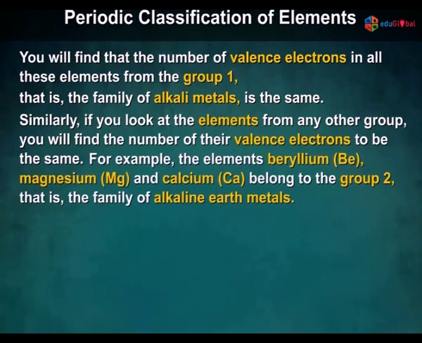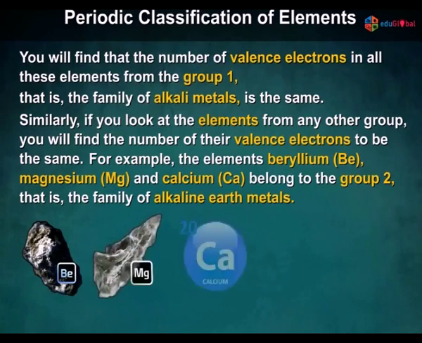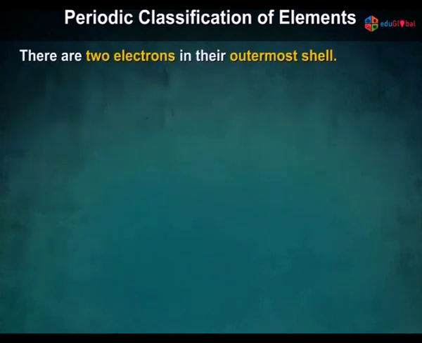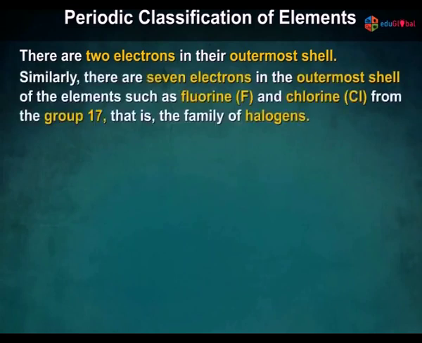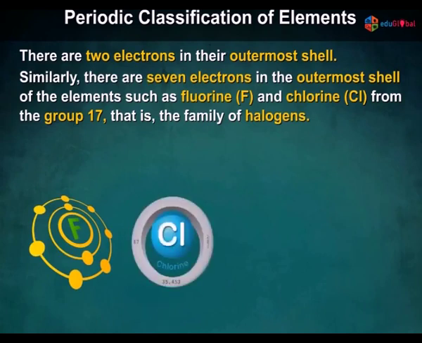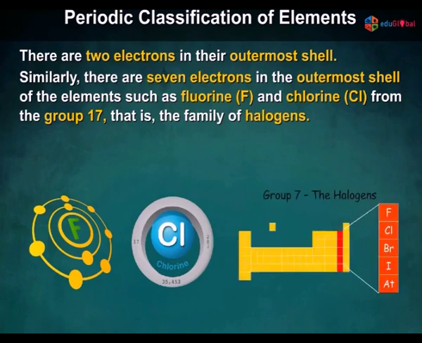For example, the elements beryllium Be, magnesium Mg and calcium Ca belong to group 2, that is, the family of alkaline earth metals. There are 2 electrons in their outermost shell. Similarly, there are 7 electrons in the outermost shell of the elements such as fluorine F and chlorine Cl from group 17, that is, the family of halogens.